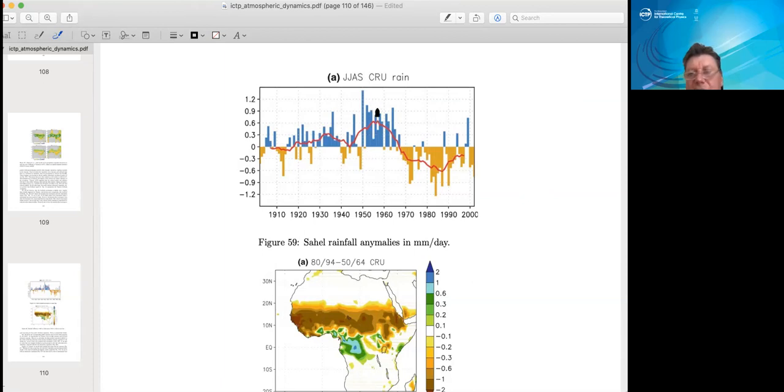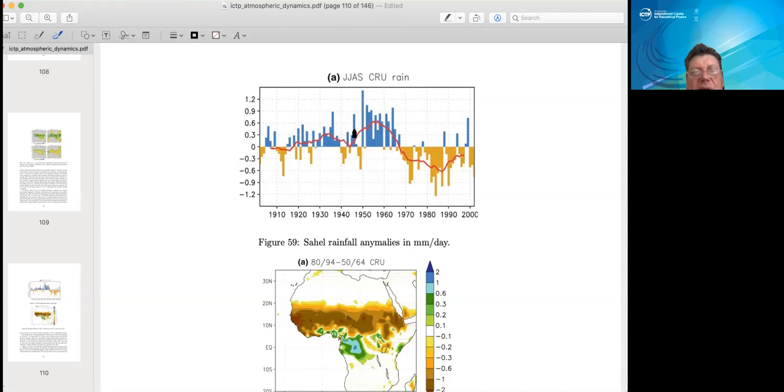So above normal rainfall. So this is here in terms of anomalies. So we have subtracted the mean. Therefore, we just see anomalies. So the mean rainfall in that region would be probably something like 2 millimeters per day.